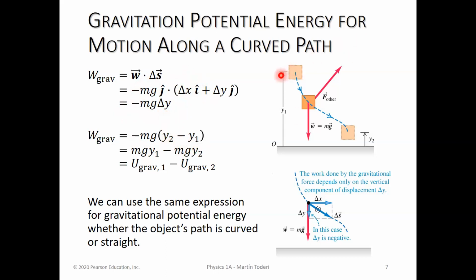So if we continue doing this and we rewrite the delta y as y2 minus y1, so we have the lower position minus the top position. This is smaller than y1 here, and we will get a minus sign there that will give us the same result as before. So this is the same reasoning as before, but taking into account some motion on the x-axis, and of course it's invariant in terms of the x coordinate.